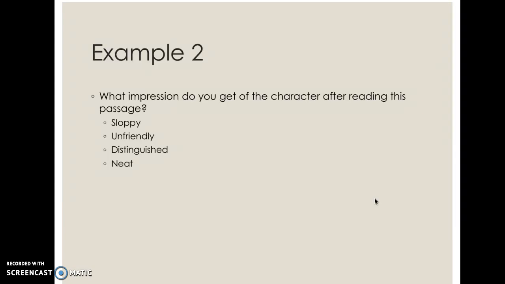If it's all about how he's very neat, then that would probably be a good dominant impression. If it's about how he's distinguished, there were clues that led us to believe that as well. The fact that he's wearing the white gloves and he's got the coat on. We'd probably need a little bit more information to kind of distinguish between the two of them. But he's definitely not sloppy, definitely not unfriendly.